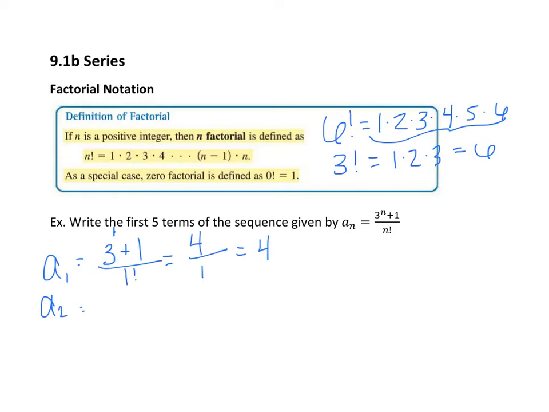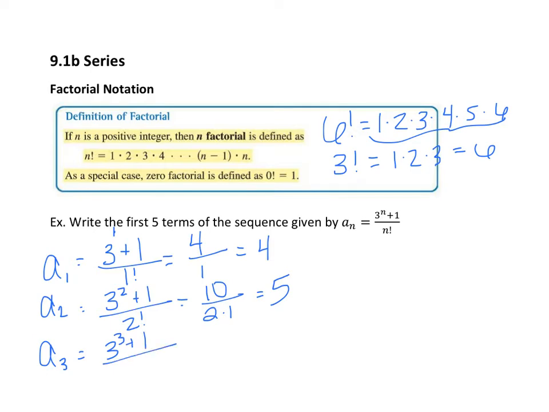A sub 2, 3 to the second power, plus 1 over 2 factorial. That'd be 9 plus 1 is 10 over 2 times 1 would be 5. A sub 3, 3 cubed, plus 1 over 3 factorial. 27 plus 1 would be 28 over, we already did that above, would be 6.